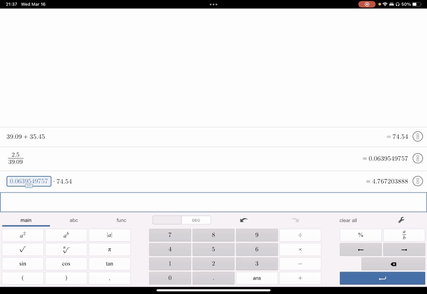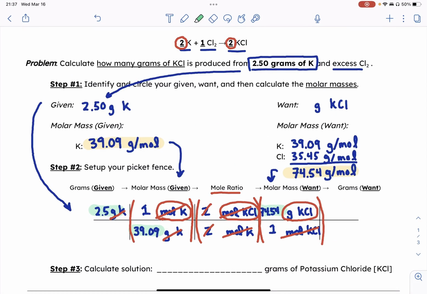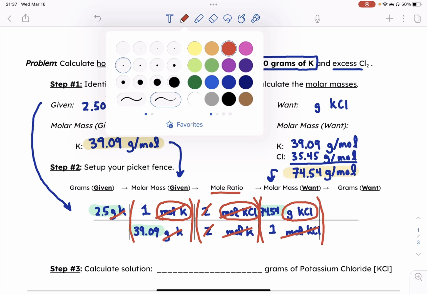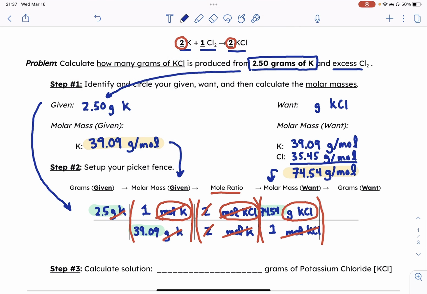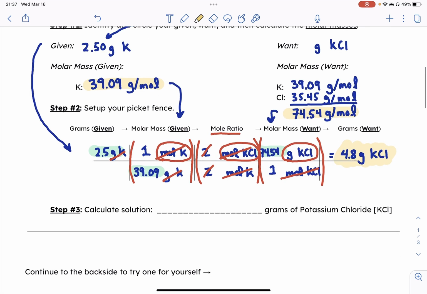All right. That gives me 4.76, which I'll just round off to, let's say, 4.8. Okay, so 4.8 grams of potassium chloride. I'll go ahead and highlight that in yellow. All right, so what have we done here?